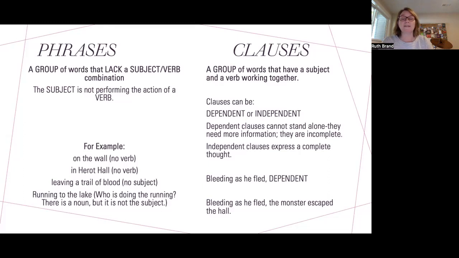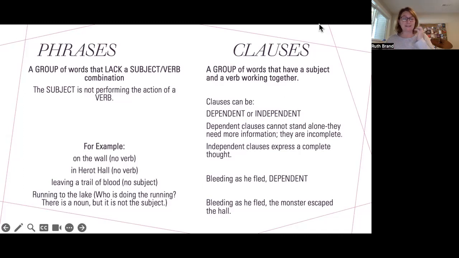What about clauses? So clauses are a group of words that have a subject and a verb working together. Now, the tricky thing here is you can have a dependent clause or an independent clause. A dependent clause is not a complete thought. It can't stand alone, right? It's incomplete. We need some more information. Whereas an independent clause expresses a complete thought and it can stand all by itself.